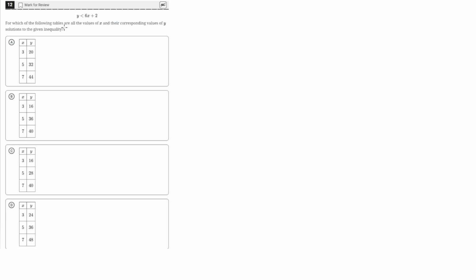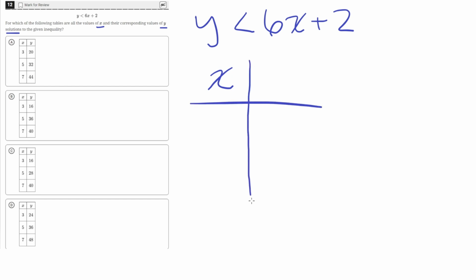For which of the following tables are all the values of x and the corresponding values of y solutions to the given inequality? So we have this inequality that y is less than 6x plus 2. We'll make a table here of the x values 3, 5, and 7, since all the answer choices use 3, 5, and 7.